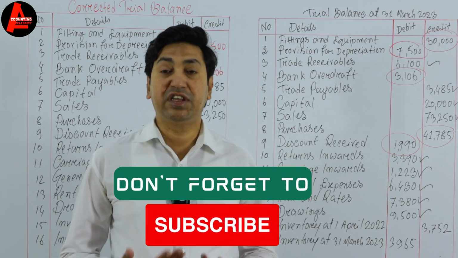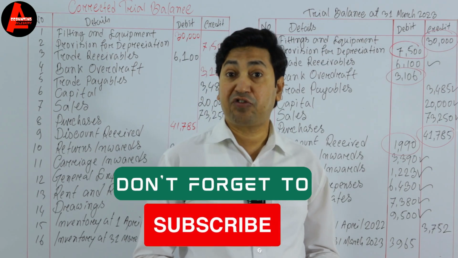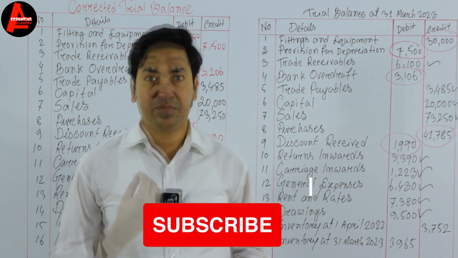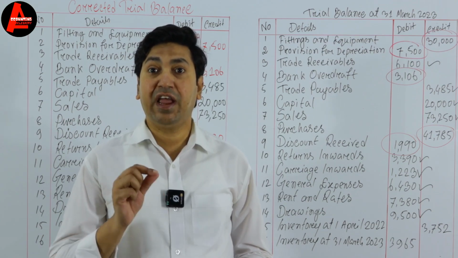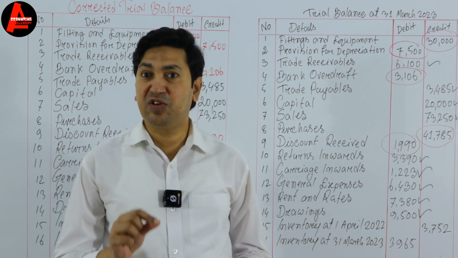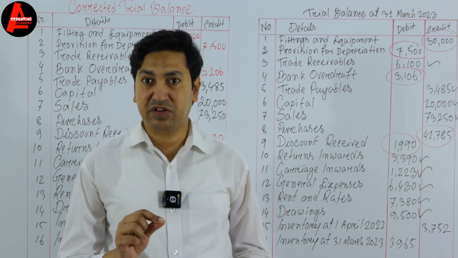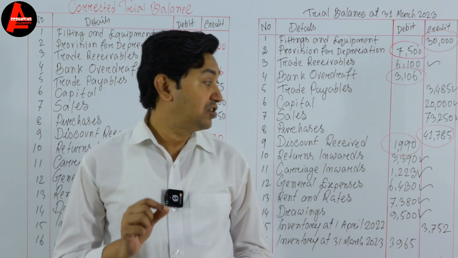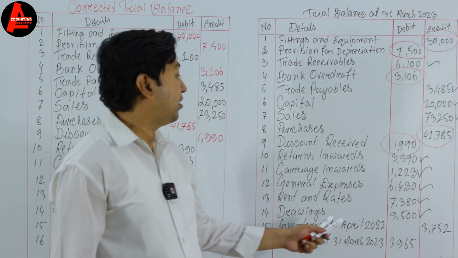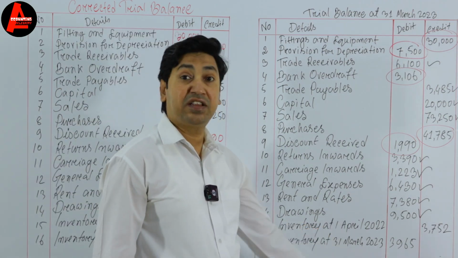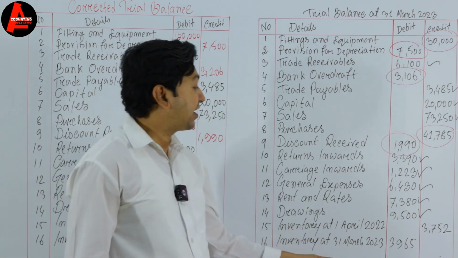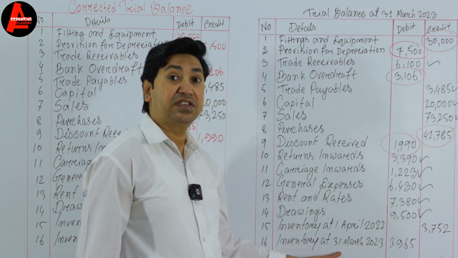Okay, when you see two inventories at a time in the question, you get so confused. Now note down, closing inventory is not included in the trial balance. Okay, only opening inventory is. So we will take opening inventory, we will not take the closing inventory. So here closing inventory is taken, that means it was a mistake.